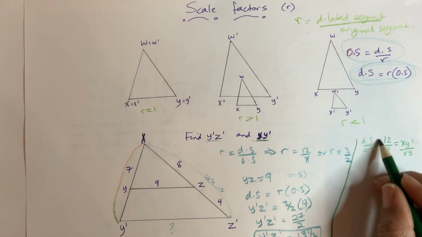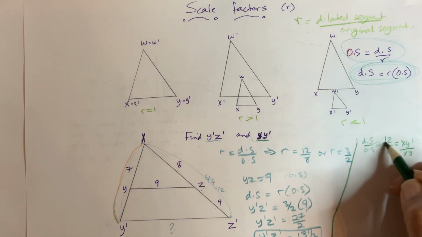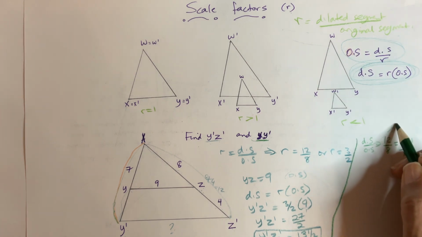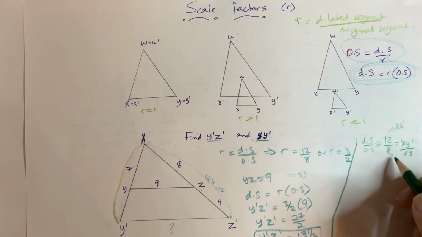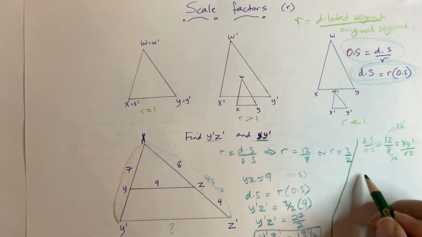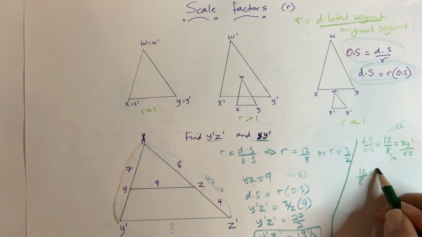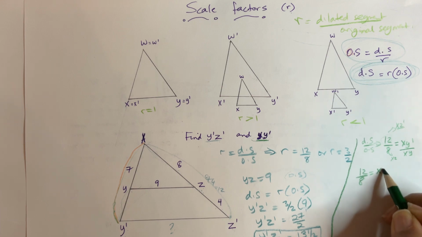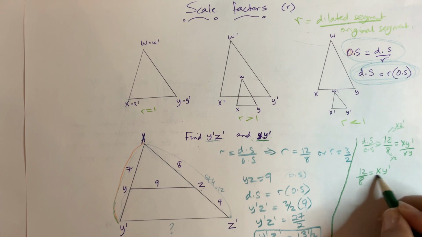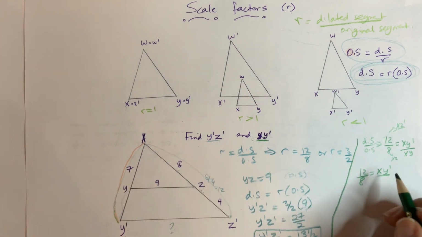So the 12 would be our XZ prime over this 8, which would be our XZ. All right, so 12 over 8 equals XY prime over XY, which is 7.